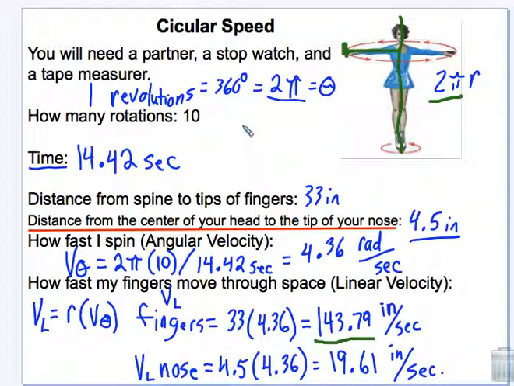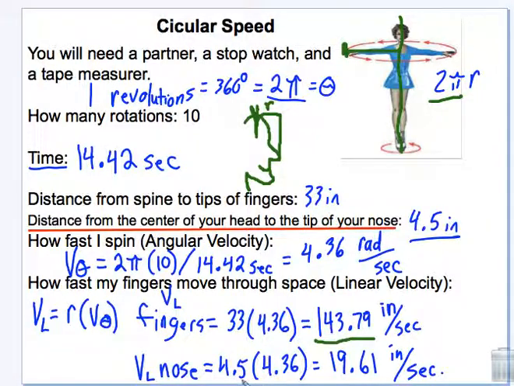Okay, now I want to know how fast my nose is traveling through space. So, you have your little widget that's on the board, and we measured the distance from the center of our head, this is the center of my head, to the tip of my nose. Now that's the radius for the nose, or the distance from the center to my nose, okay?